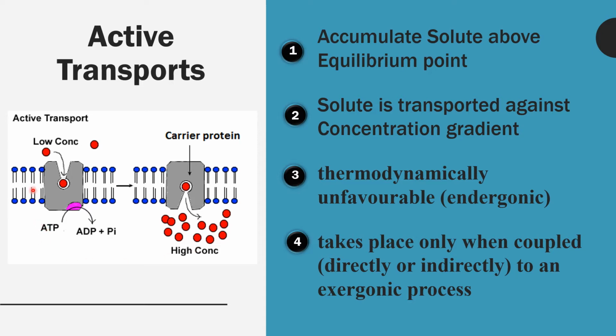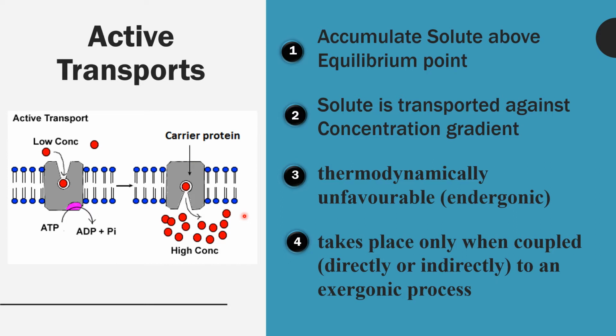You can see that there is low concentration of solute in the periplasm, and these solutes are taken up by the cell at the expense of energy. ATP is hydrolyzed. ATP hydrolysis is an exergonic process because it liberates energy, and then this energy is used to take up the solute.